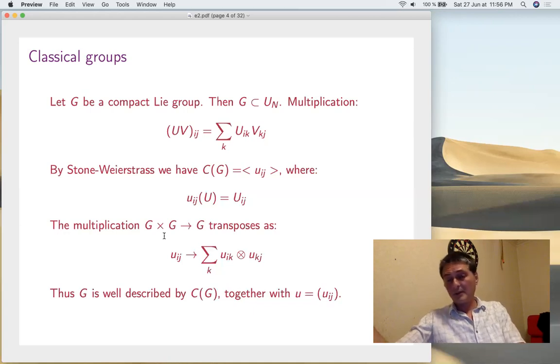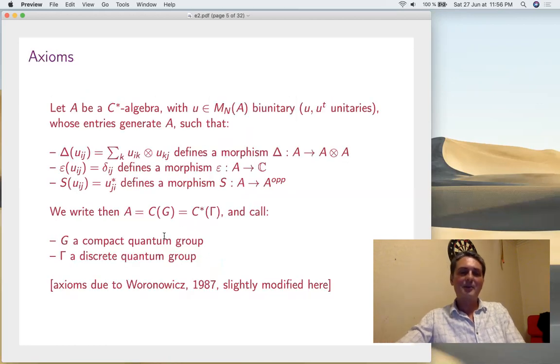We have a very good understanding of the compact groups of matrices in terms of the algebras of functions. Well, now we're ready to go for quantum groups. So we'll do exactly the same thing as here, but we'll no longer assume that C(G) is commutative, right? So here are the axioms, which are due to Woronowicz, 87, a bit modified here, but these are the good axioms.